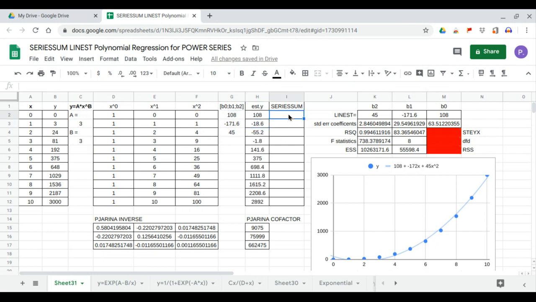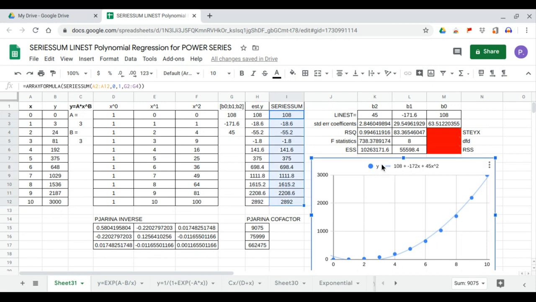We can also use SERIESSUM, which is our formula, SERIESSUM of these x values, and our power starts from 0 and increments by 1, with the coefficients b0, b1, and b2. And our values for estimated y and the SERIESSUM are the same.